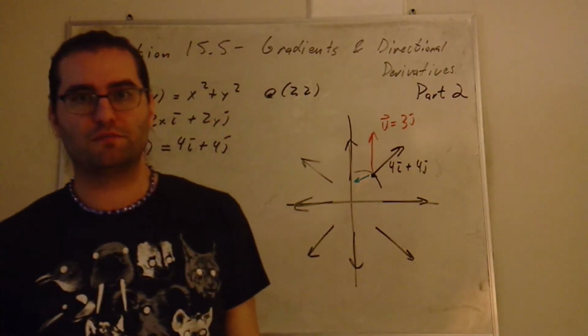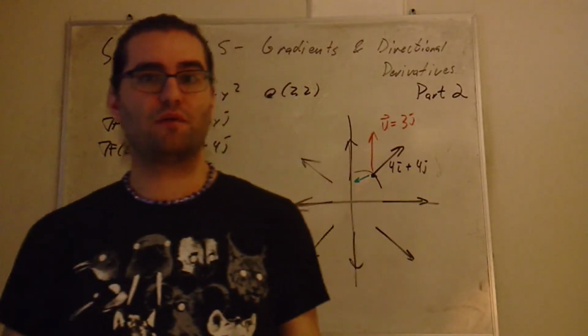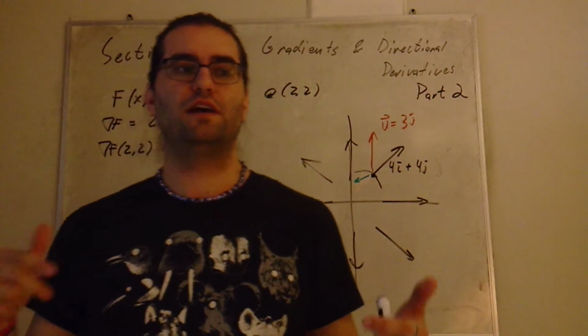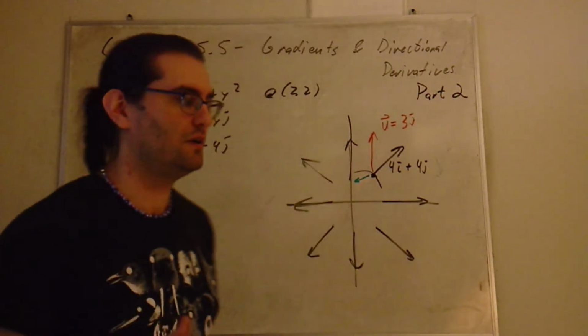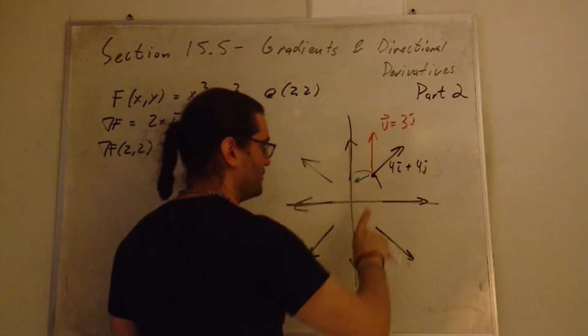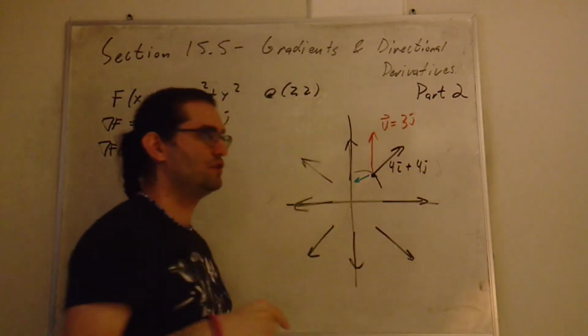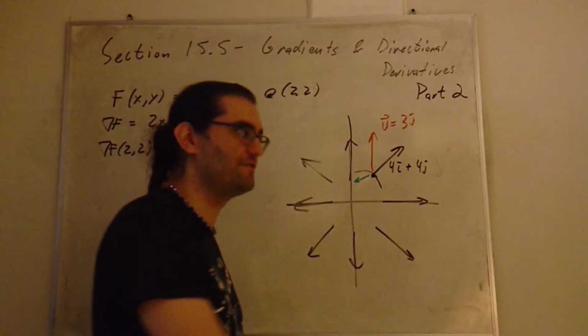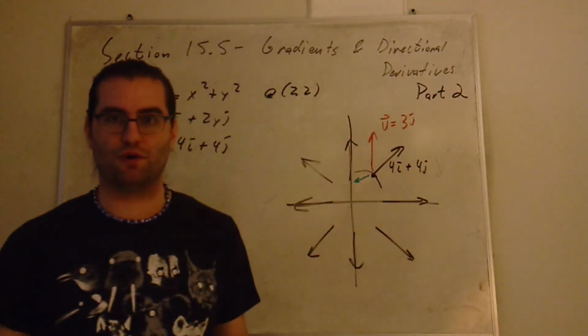The problem comes in, as the problem often does with dot products, in terms of magnitude. Moving 3 units directly up from this point should not give me a different answer than moving 15 units directly up from that point.